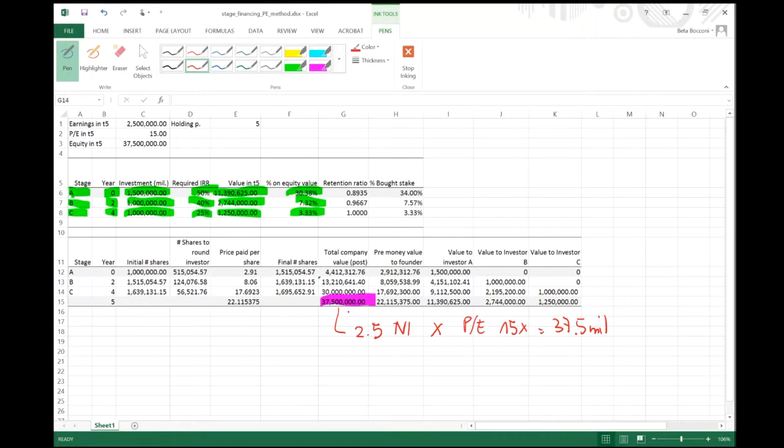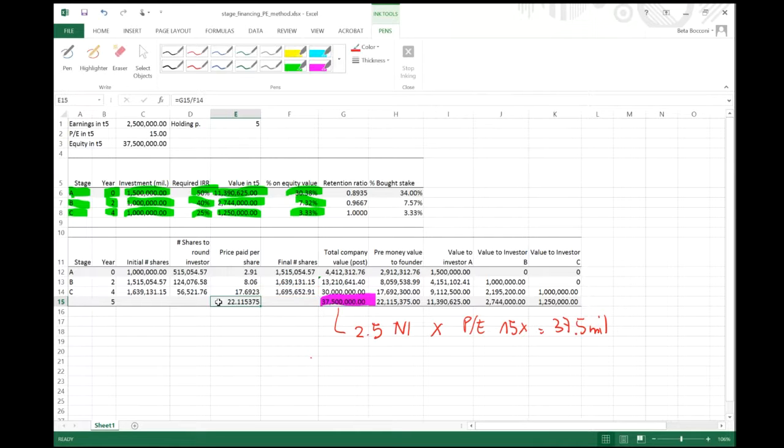If you look at 37.5 and you know that the number of shares outstanding in year number 5, the exit for investor A, you can imagine that the implicit price per share will be essentially the final number of shares in year number 4, 1,695,652, taken as a denominator compared to 37.5.